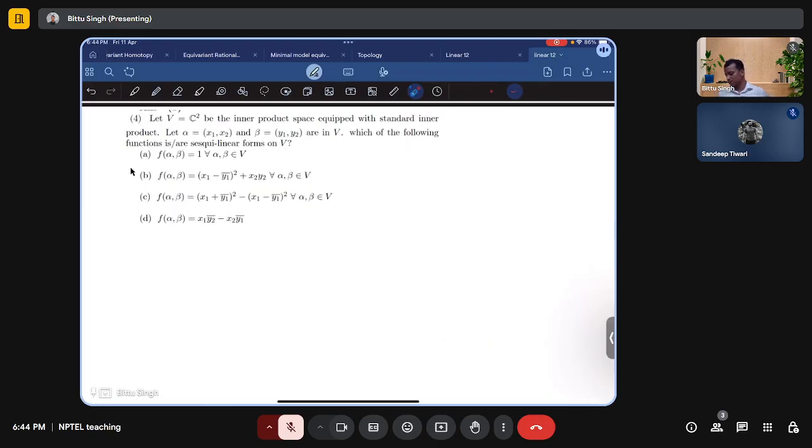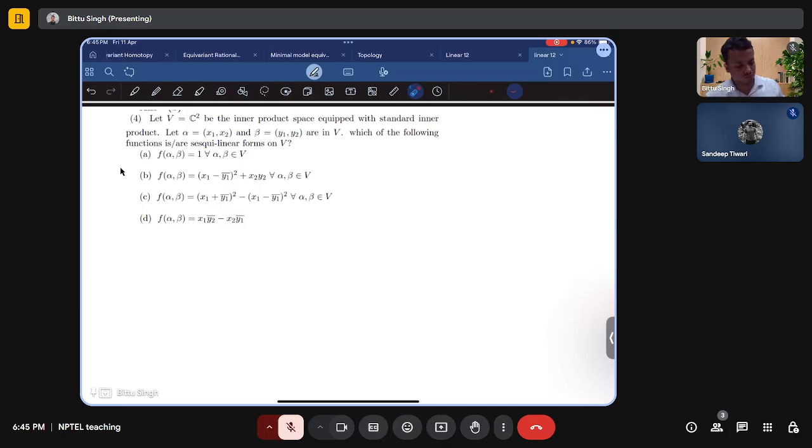So let us see question number 4. Here you can see the space is again complex C2, and it is equipped with the standard inner product.